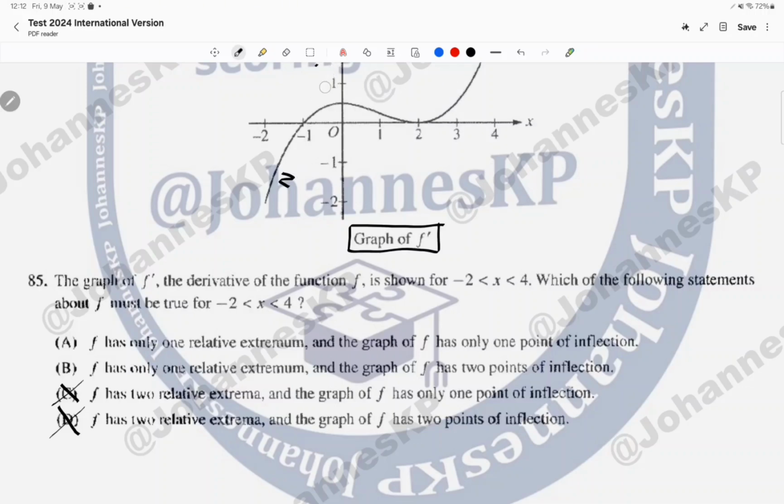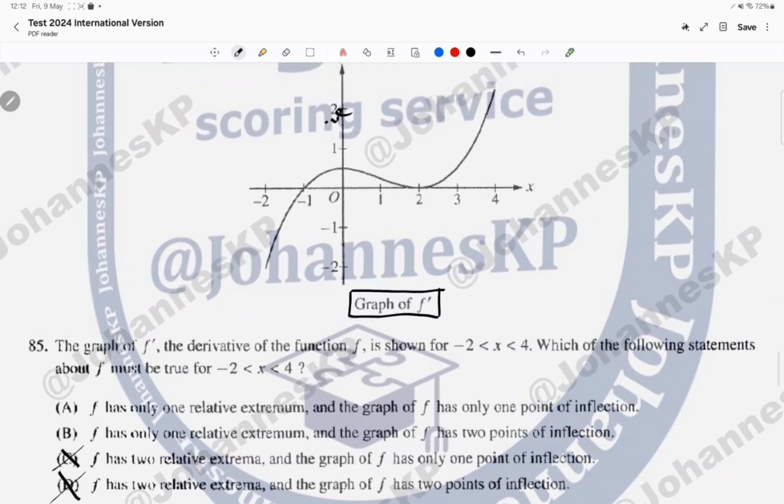An inflection point is when the slope of the f prime is 0, which is here and here, as long as the sign of the slope on the left and the right is different. So the slope of the slope, like the slope of f prime here is positive, the slope of f prime here is negative. Then it becomes positive. So because of the sign change, they both count as inflection points. So B.